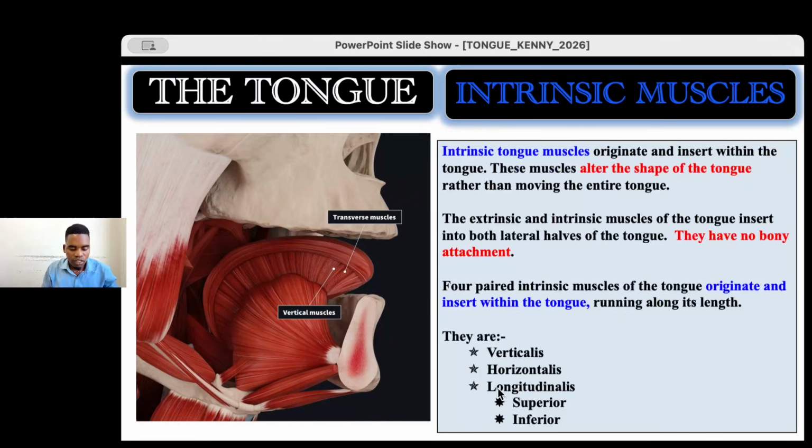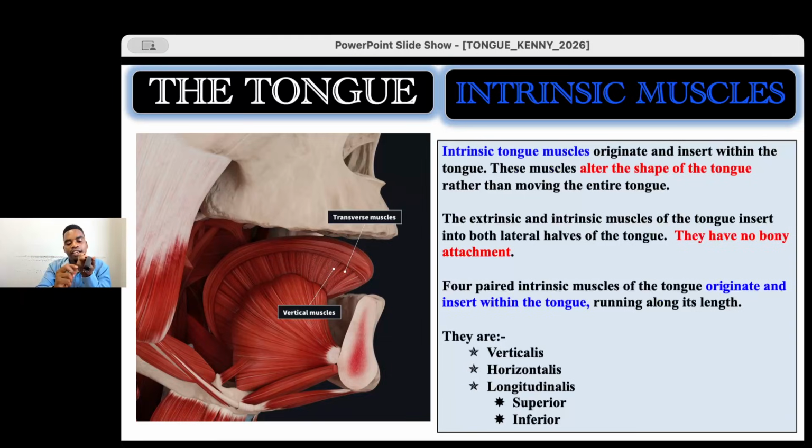Why are they called longitudinalis? Because they are running in a long axis of the tongue. If this is my tongue, the longitudinalis muscles are running from posterior to anterior, so they are running in long axis of the tongue.